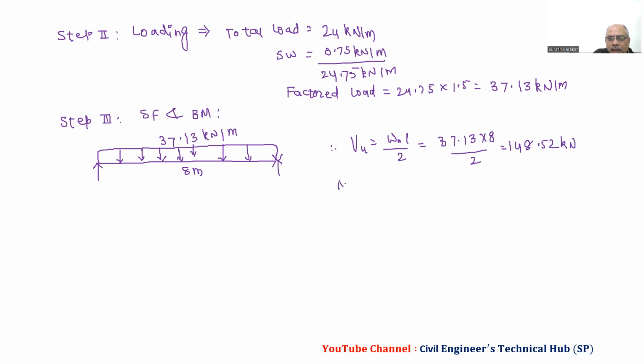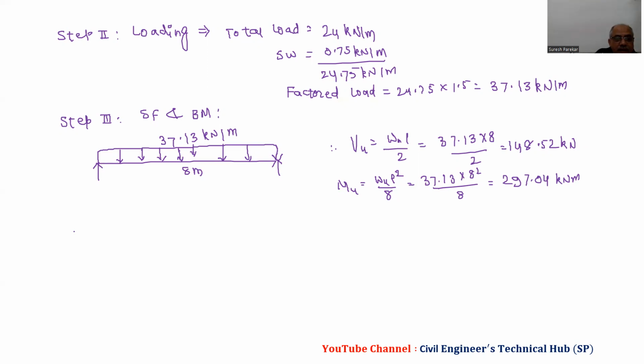And MU we have WU L square by 8, so 37.13 into 8 square by 8. And this value comes 297.04 kilonewton meter.